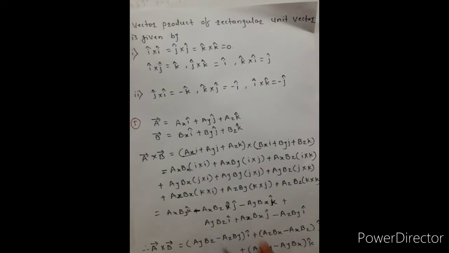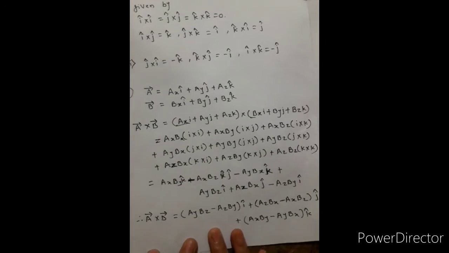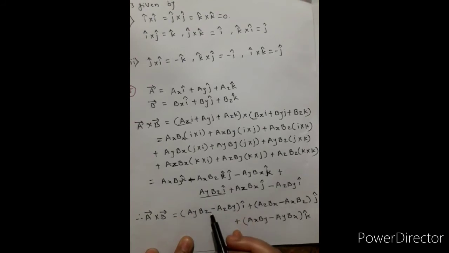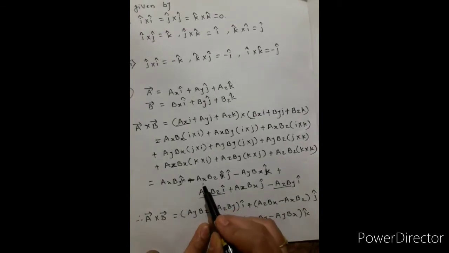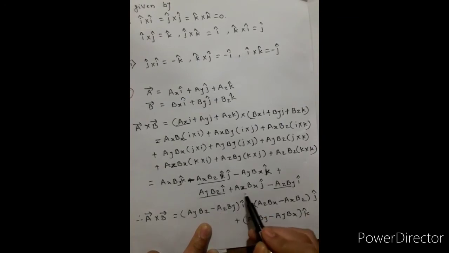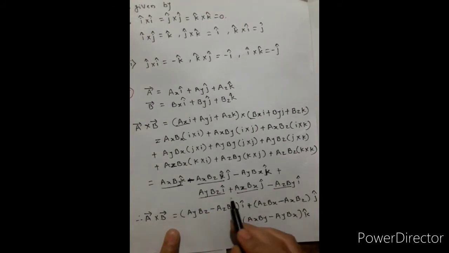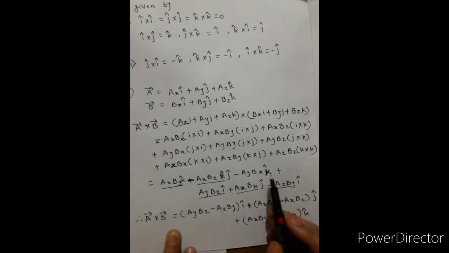Now keep i cap terms in one bracket: (ay bz minus az by) into i cap, plus j cap terms: (az bx minus ax bz) into j cap, plus k cap into (ax by minus ay bx).